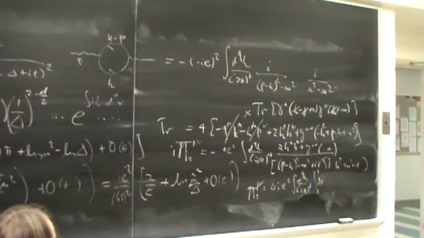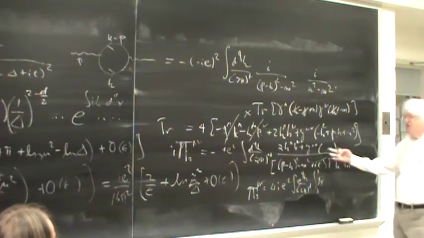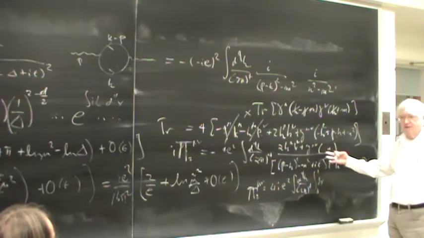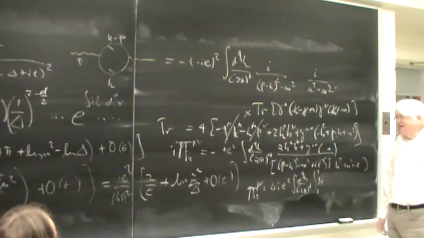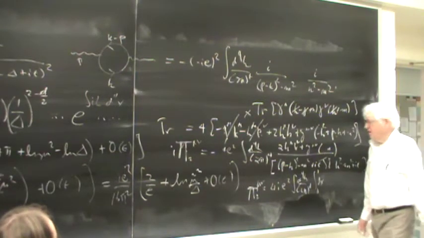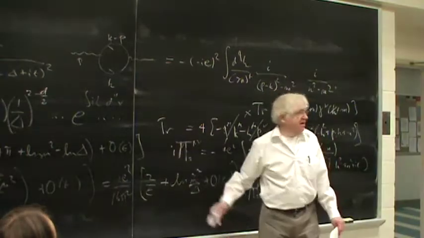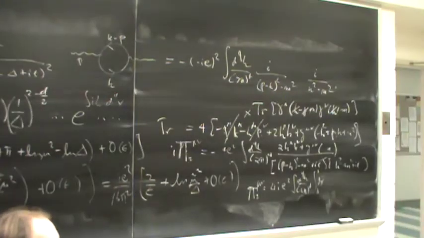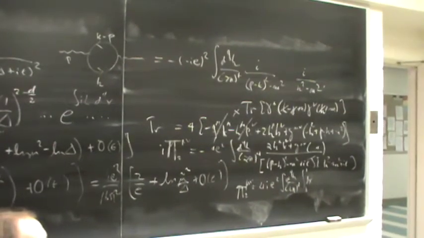What I would say is, a nicer way of doing it, I think, is at this point to do this business of d by dp^μ over 2p squared.